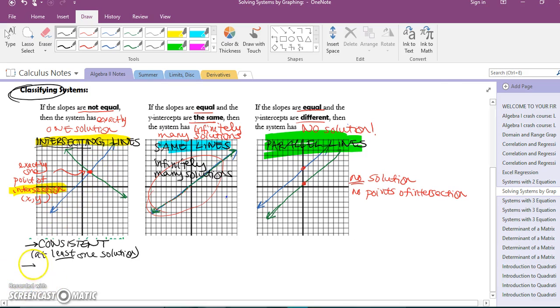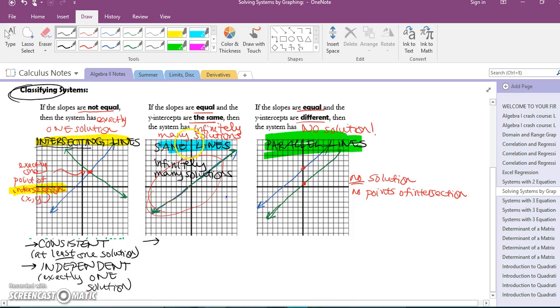There's actually exactly one solution. So in addition to calling it consistent, I can go one step further. I can classify it even more and call it independent. An independent system has exactly one solution. So it's consistent because there's at least one, and then it's independent because there's exactly one.